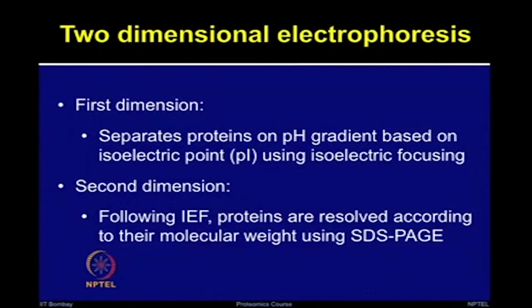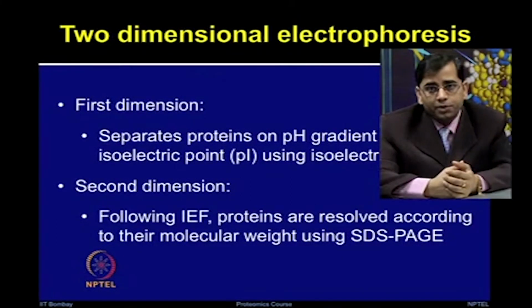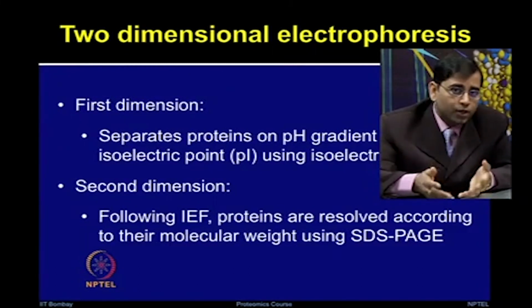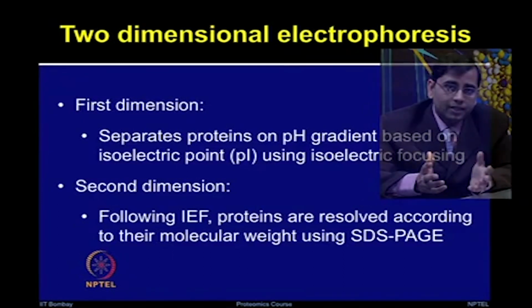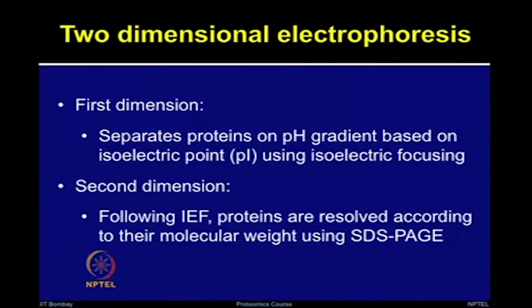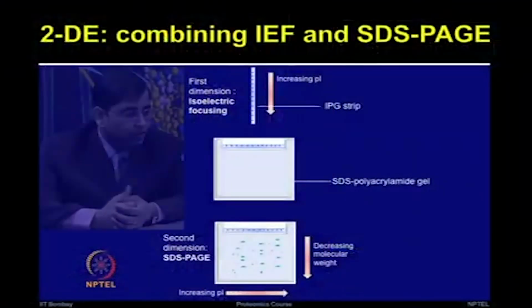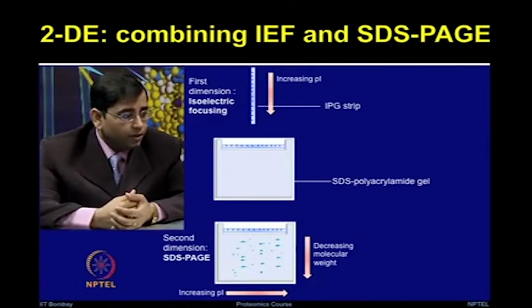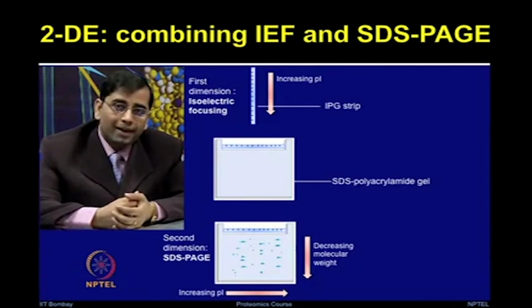So, in two-dimensional electrophoresis, the first separation occurs based on the isoelectric point of the proteins, and the second dimension occurs based on the molecular weight. In the first dimension, you can separate the proteins in the isoelectric focusing unit. In the second dimension, you can separate the proteins in SDS-PAGE. I am giving you an overview of this process by showing this figure here, where in the first dimension the isoelectric focusing process occurs by applying an immobilized pH gradient strip.